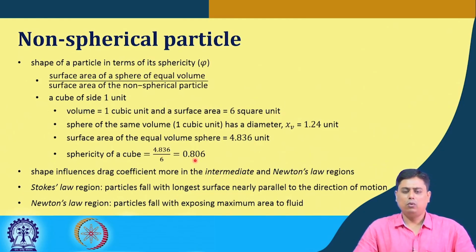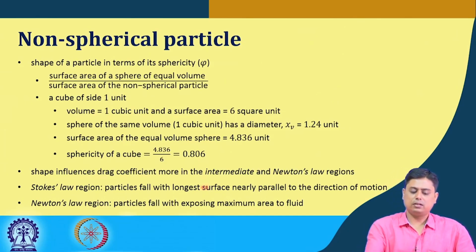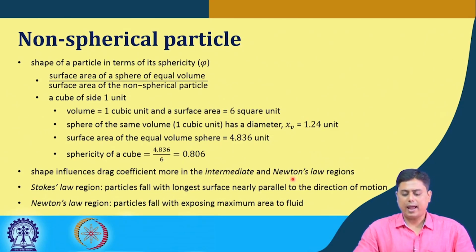Now here we have seen how irregular shape can be quantified. This shape basically influences the drag coefficient more in the intermediate region than in the Stokes region. So, the shape influences more in the intermediate and Newton's law region.